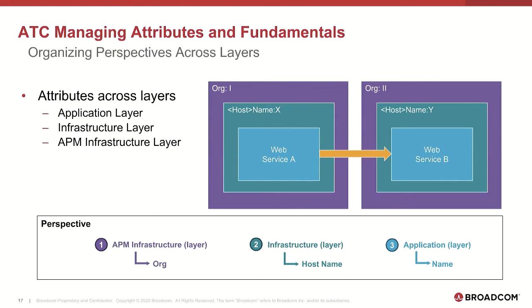So this is something now when I look at the map in a fully collapsed mode, I would see org1 is calling org2. Expanding the next level, I would see name X is calling name Y. And only when I fully expand, I would see the web service A calling web service C underneath.